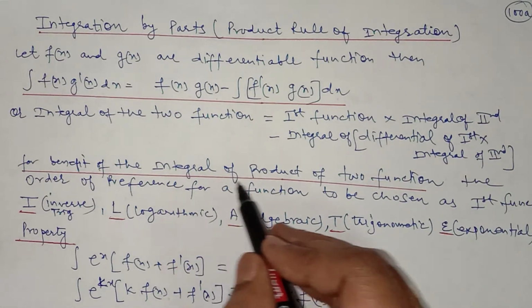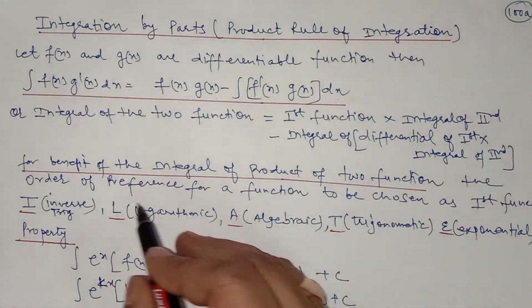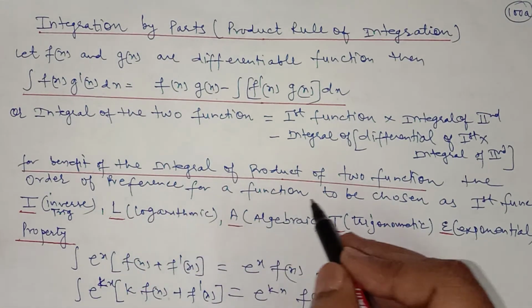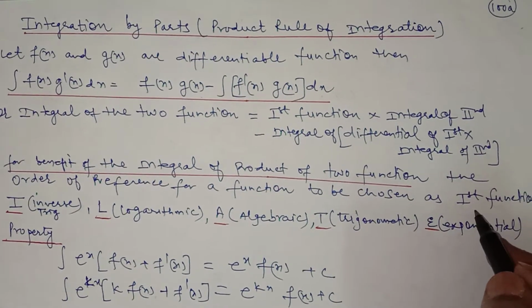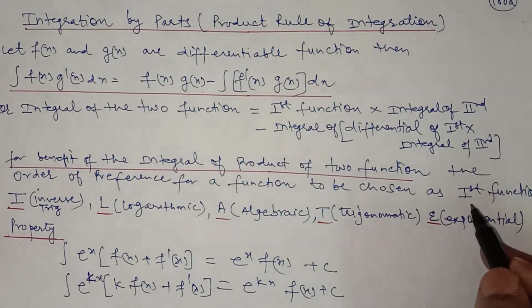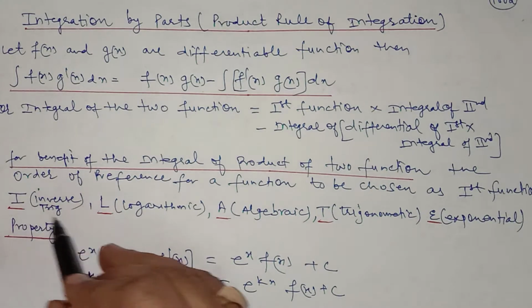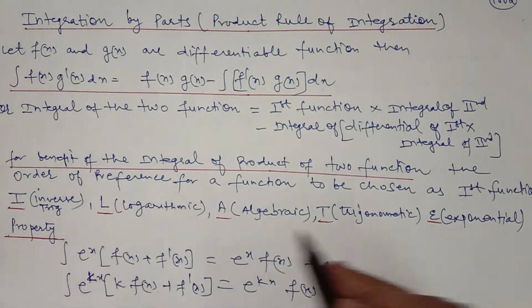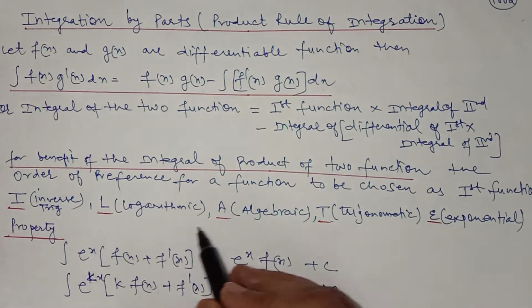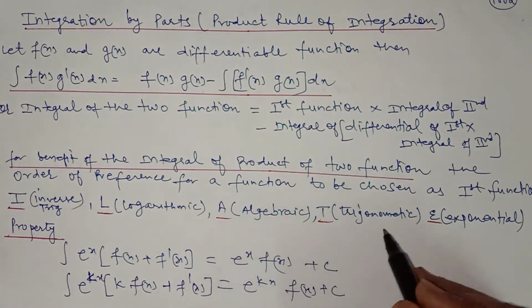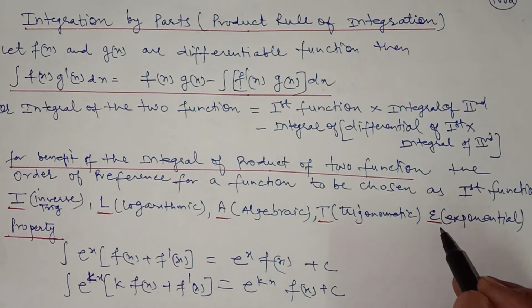For the integral of the product of two functions, the order of preference for the function to be chosen as the first function, you have to learn it because it makes integration by parts easy. ILATE, I will let you learn it. I means inverse trigonometric function, L means logarithmic function, A means algebraic function, T means trigonometric, E means exponential.